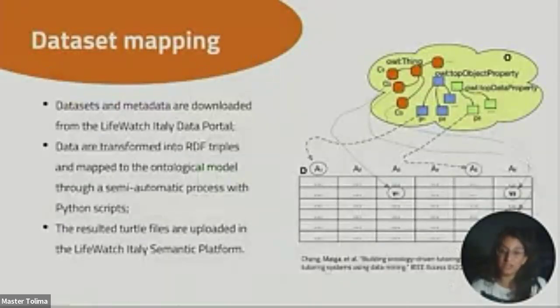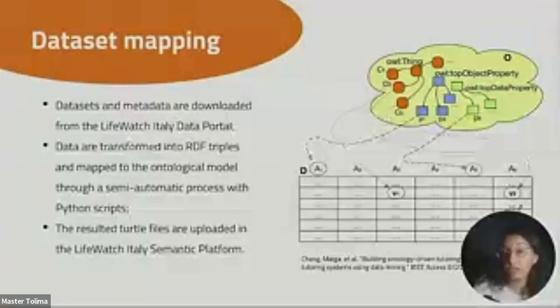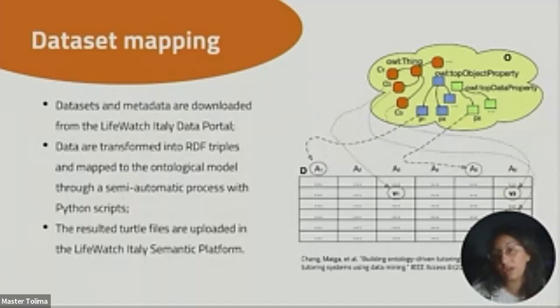So what we are doing now is mapping dataset and metadata to the semantic model. First of all, dataset and metadata are downloaded from the Life with Italy data portal, and then are transformed into RDF triples and mapped to the ontological model through a semi-automatic process with Python scripts.